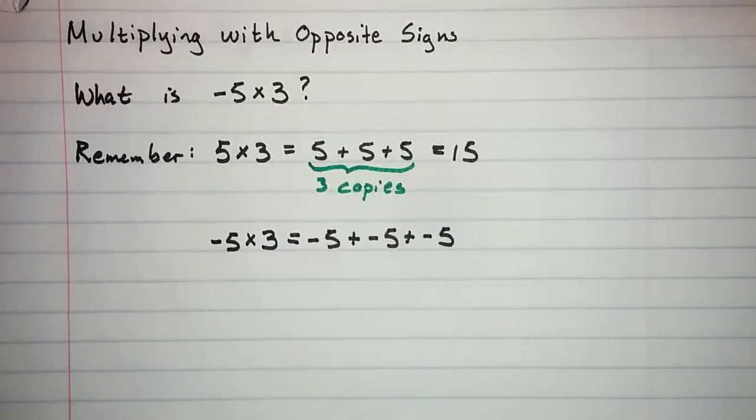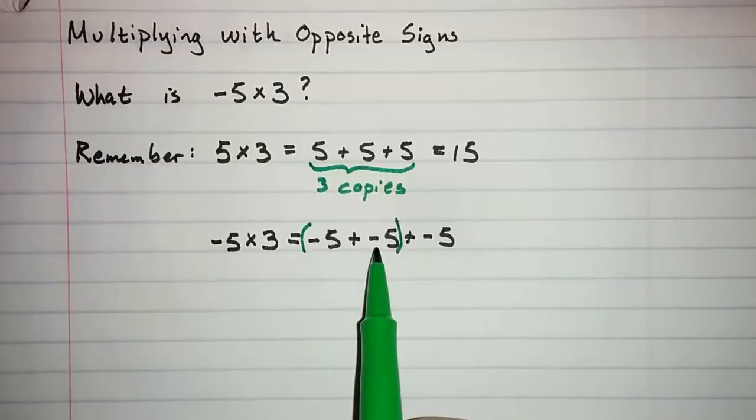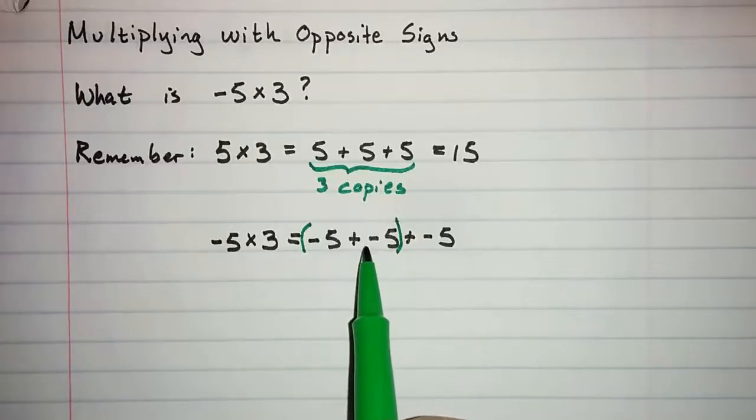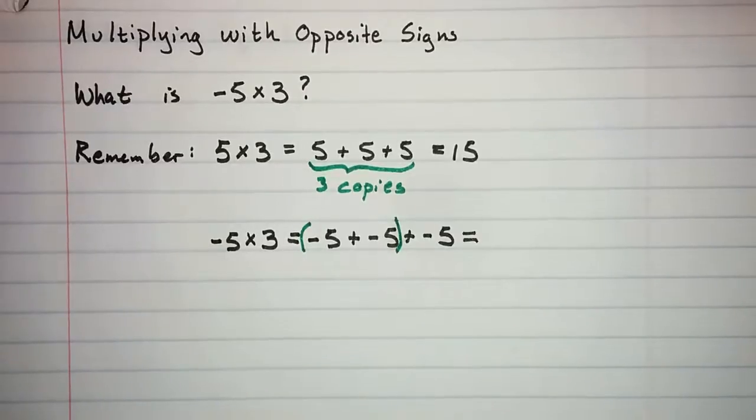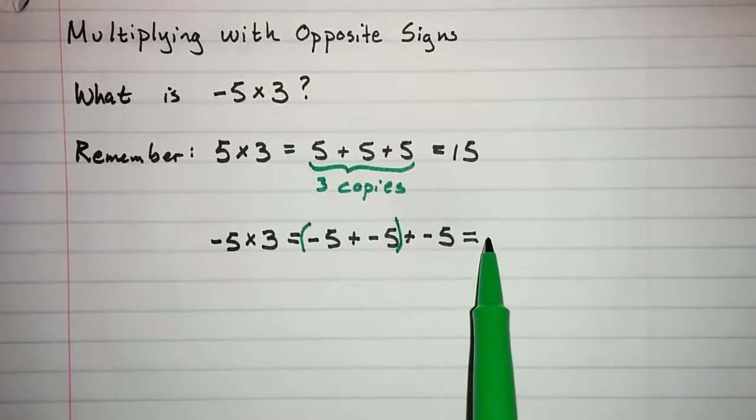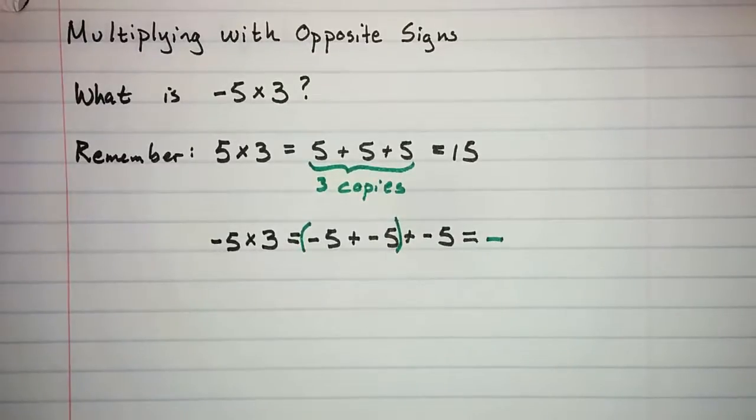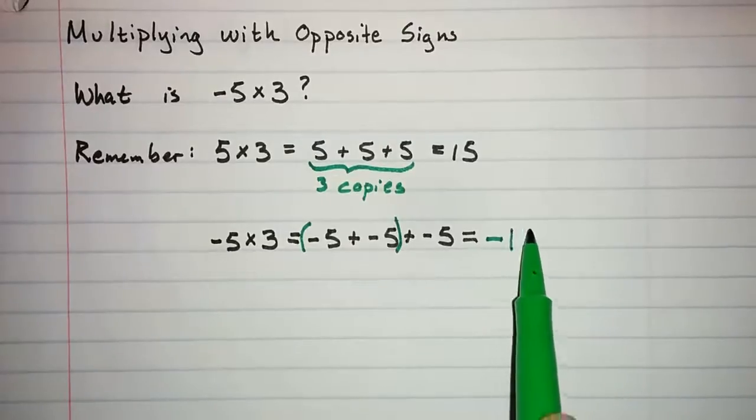And what will negative 5 plus negative 5 plus negative 5 be? Well, negative 5 plus negative 5. Those have the same sign, both negative. So the result will be negative. The operation we want is addition. So 5 plus 5 is 10.